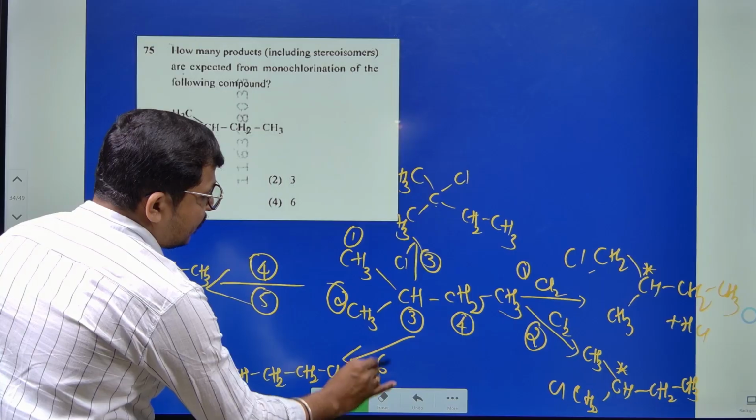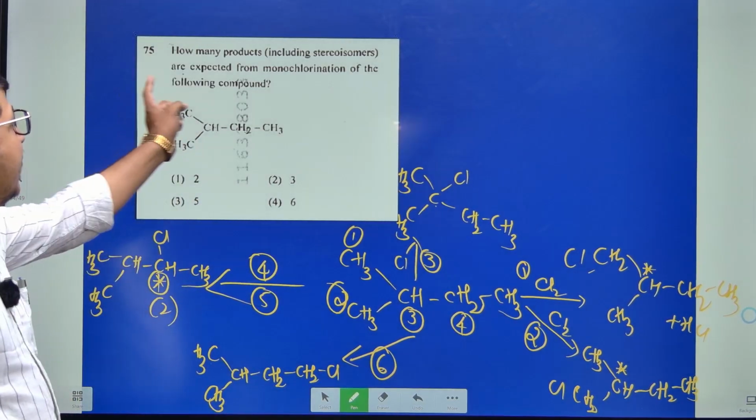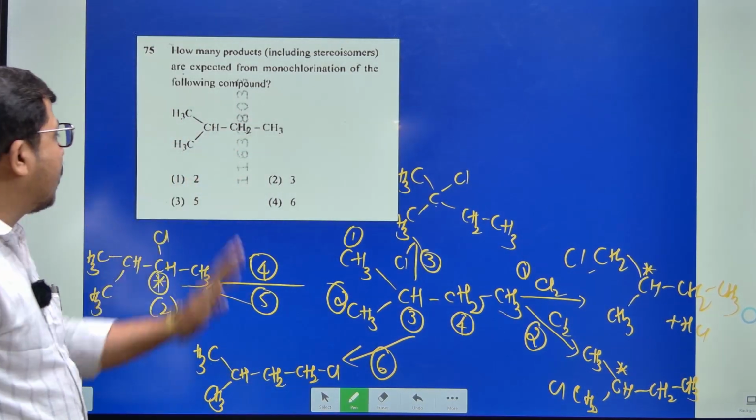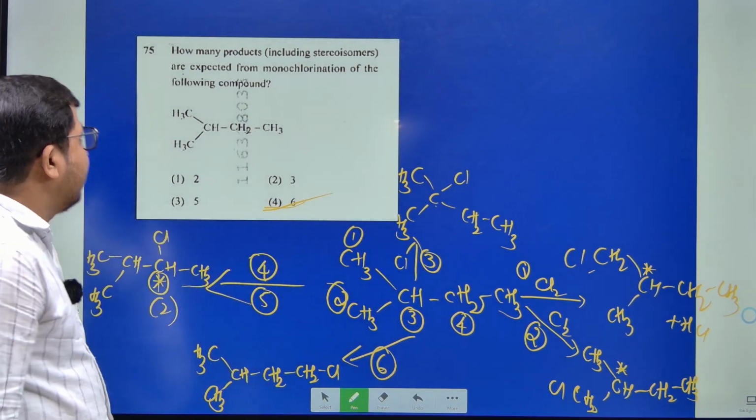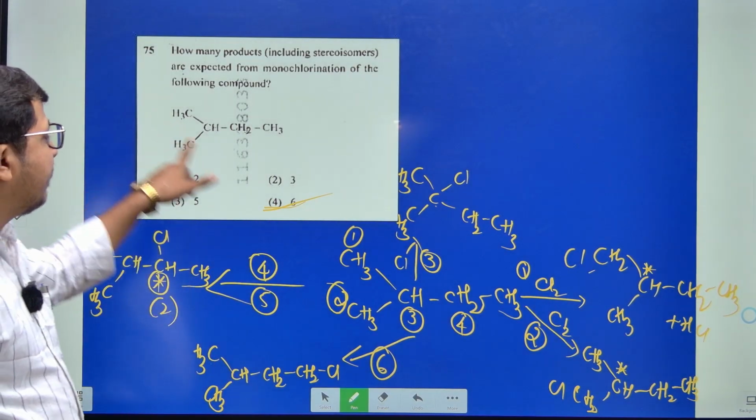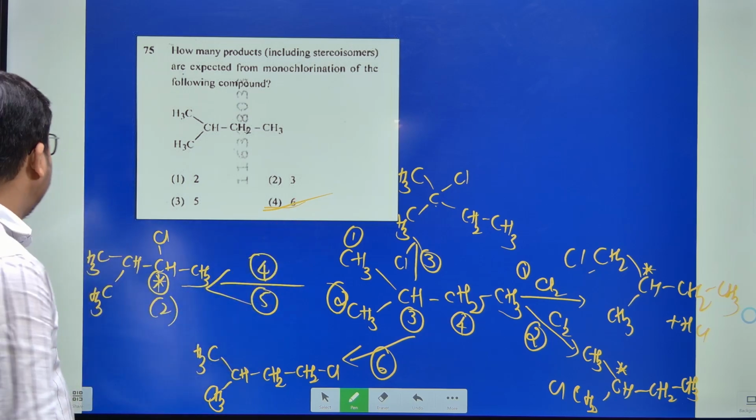Therefore, how many products? There are 6 products formed from the given compound. Hence, the right option for the 75th question is option number 4.